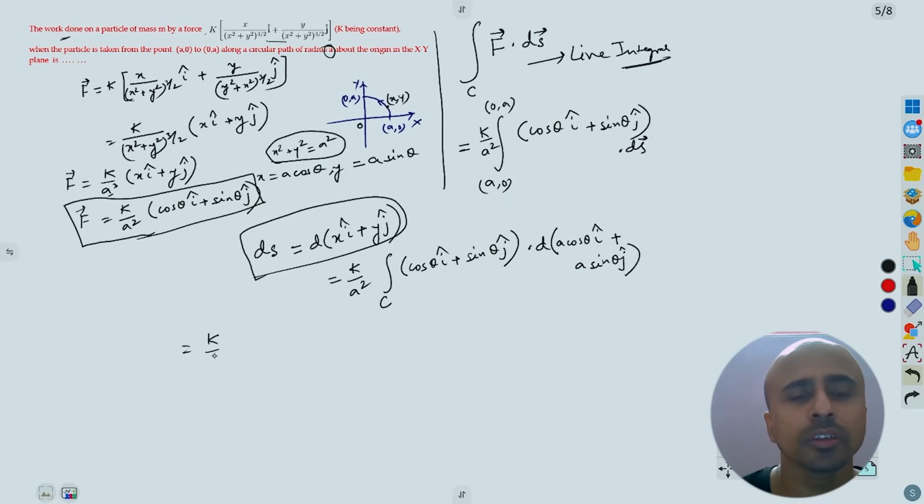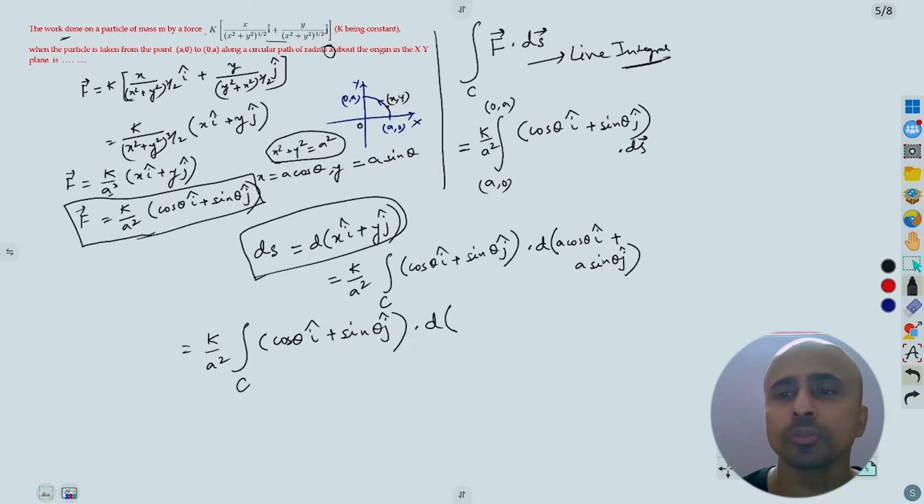simplifying, it is k by a square, this line integral of cos theta i cap plus sin theta j cap dot d of, I will pull out the a because a is constant, so it will be k by a. Okay, so this is cos theta i cap plus sin theta j cap.